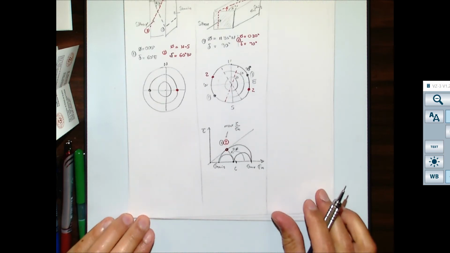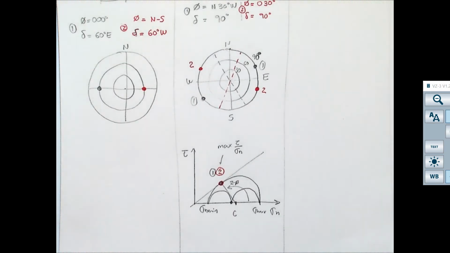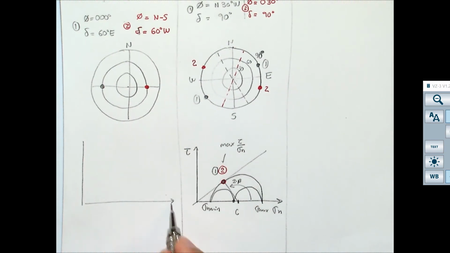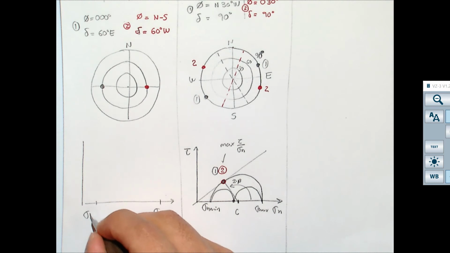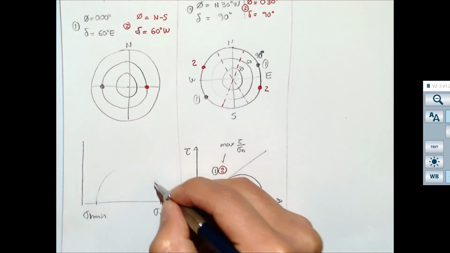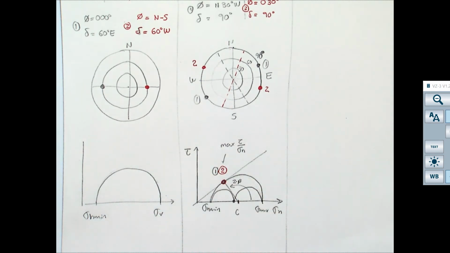If we draw the Mohr circle, now we have as a maximum stress sigma V, a minimum stress sigma H min, and this is going to be the circle, and let's say we have an intermediate somewhere over here, sigma H max.